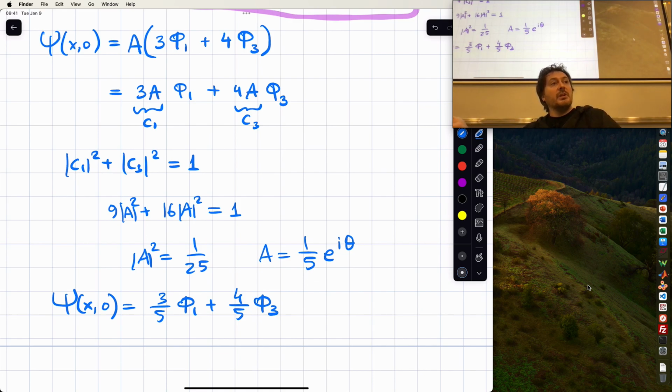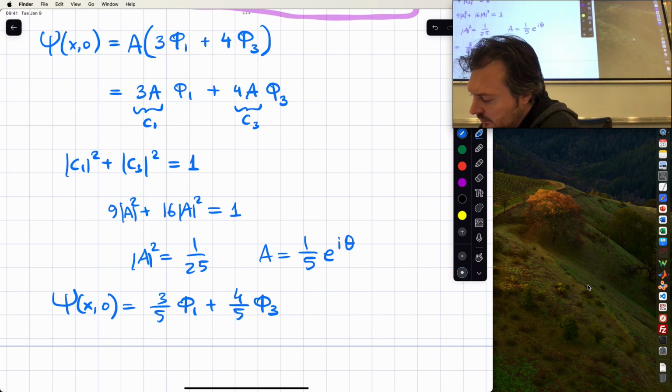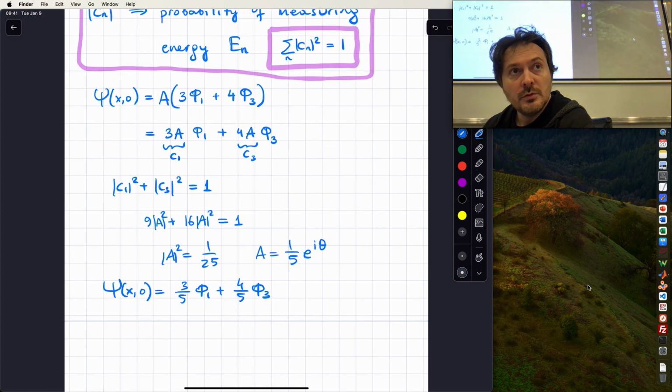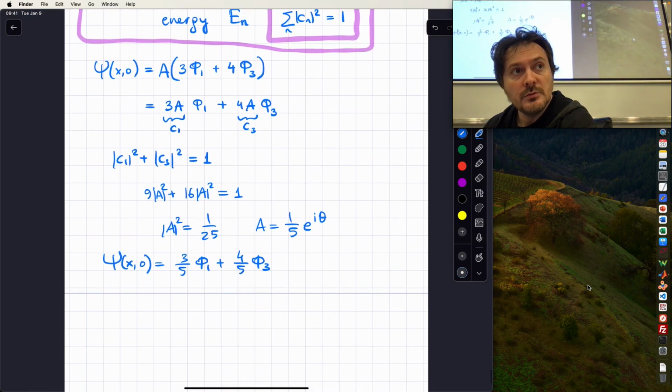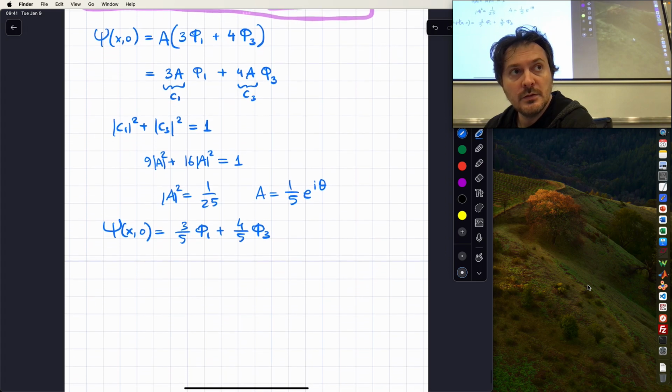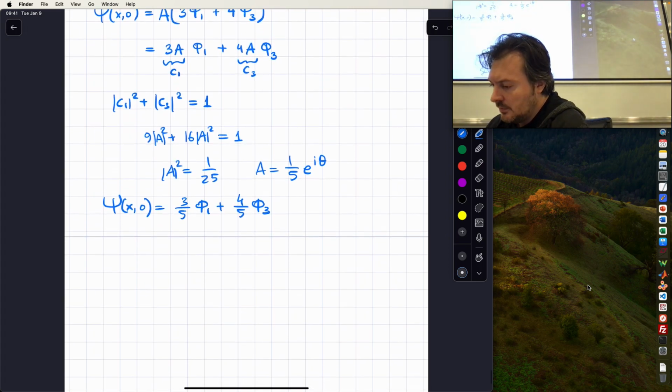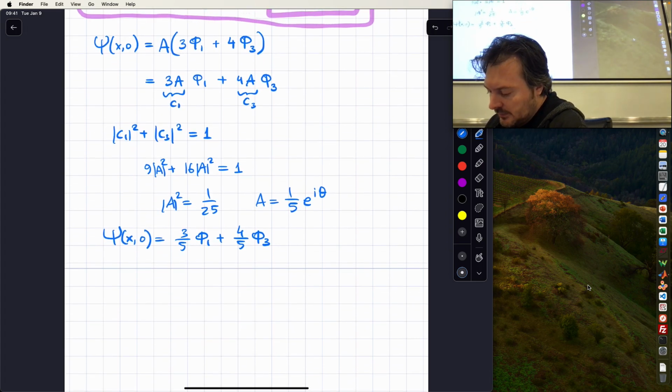Like put A equals 1 over 5 e to the i theta, then write the normalization equation for the function. You will see that because of the complex conjugate, the imaginary part is always cancelled. Should we do that? Yes, let's do it.